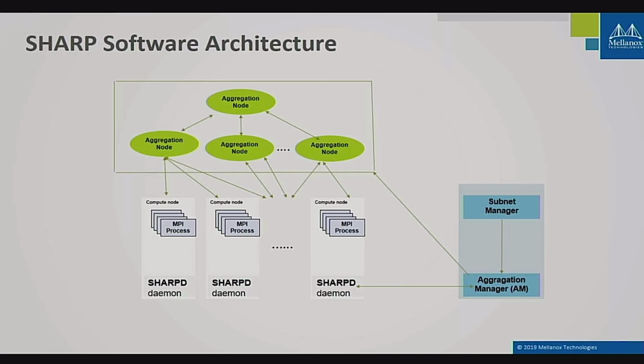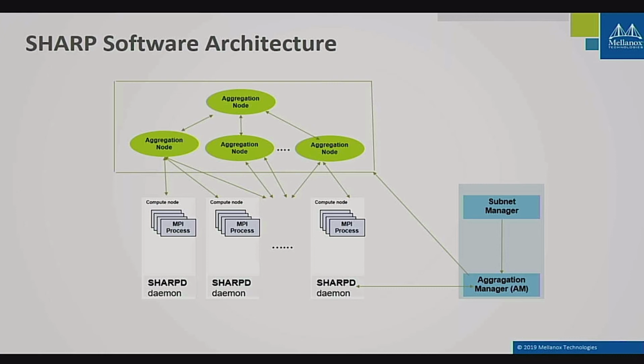It runs within your network switches. So we have added this aggregation manager, which is responsible for those resources, to make sure that if you run more than one job on the same cluster, sharing the same switches and the same networking, first you have all the security that you need.